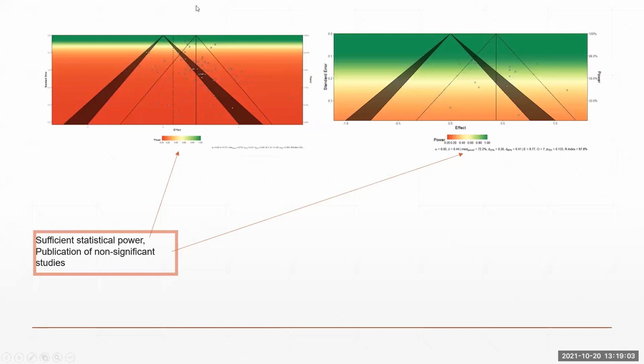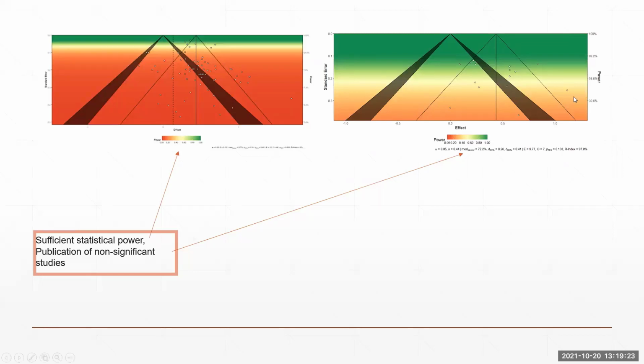And we found that most studies that studied this effect were not sufficiently powered, so they are in the red area. So if the effect exists, they cannot show the effect. And in this meta-analysis, most studies are in the green area or yellow area. So it is possible to replicate the effect if the effect exists.